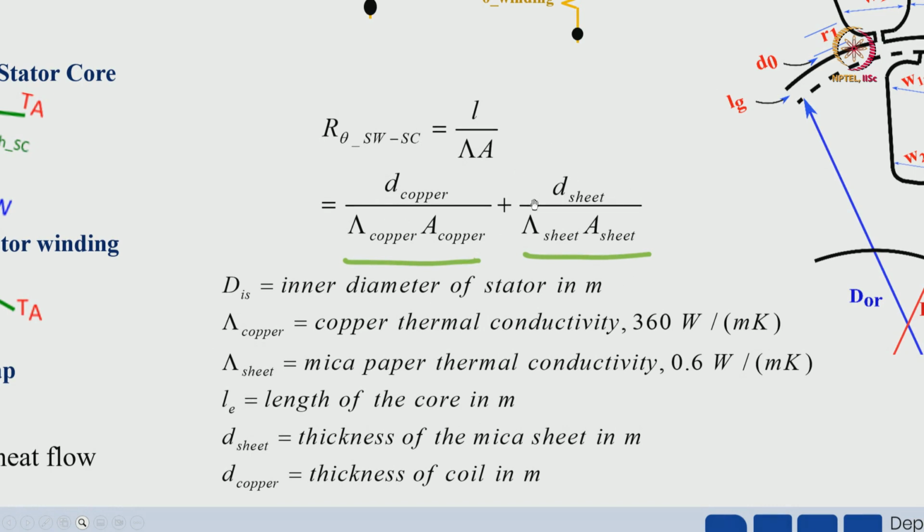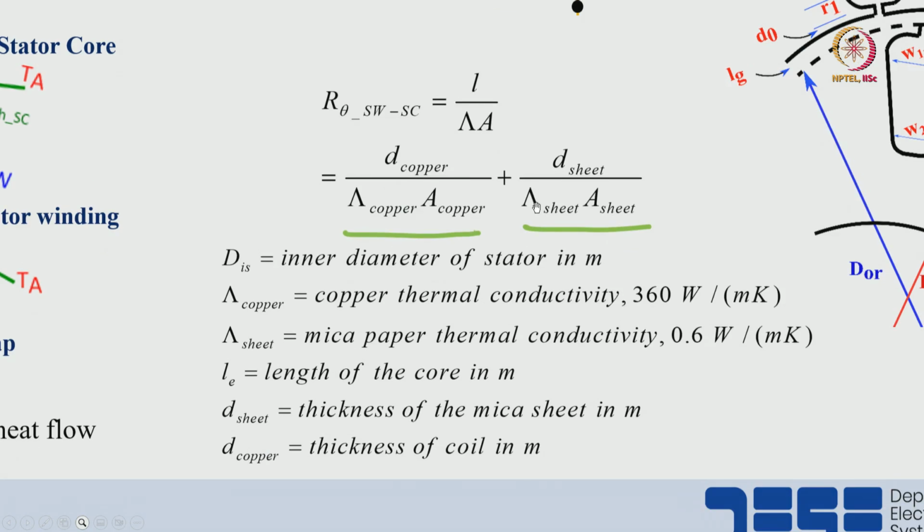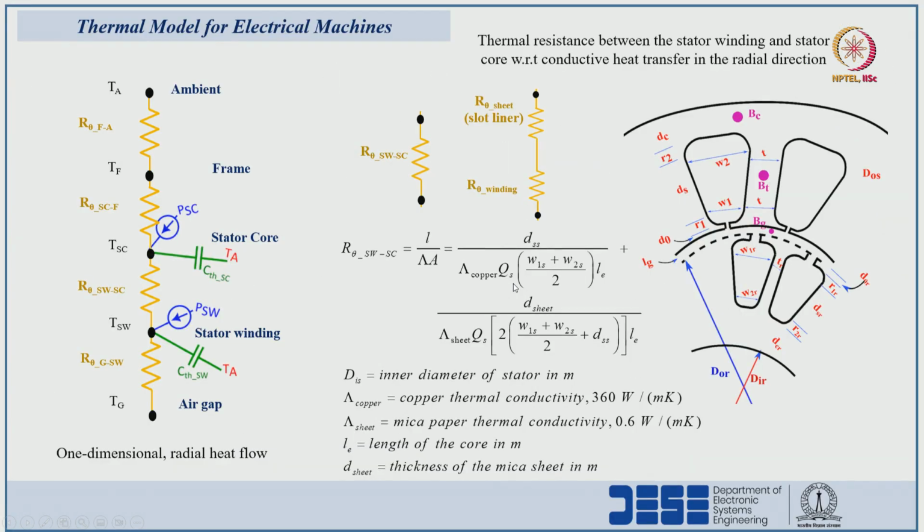The second term represents the thermal resistance of the insulating sheet, that is mica paper: thickness of the sheet divided by the area with respect to the heat flow and the thermal conductivity of the sheet. This is the equation to find the thermal resistance between the stator winding and the stator core. The thickness of the stator winding is this one, that is DSS, the slot height.